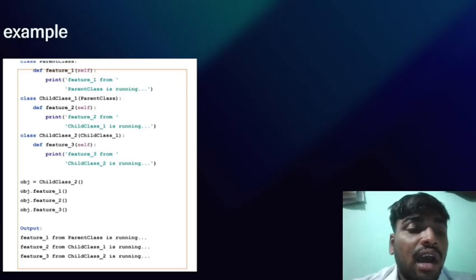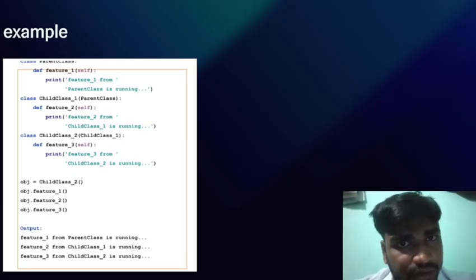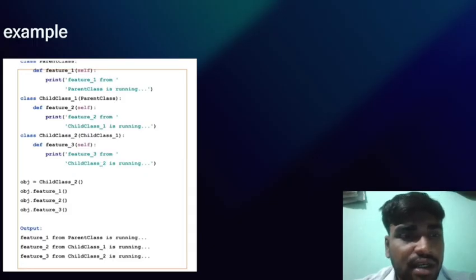I wrote a print statement where I defined the object and specified child class 2, and I access the elements or variables present in the classes.